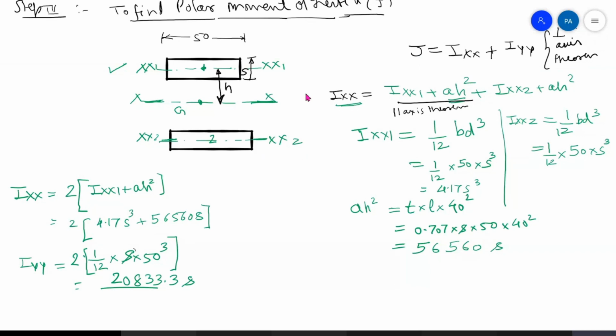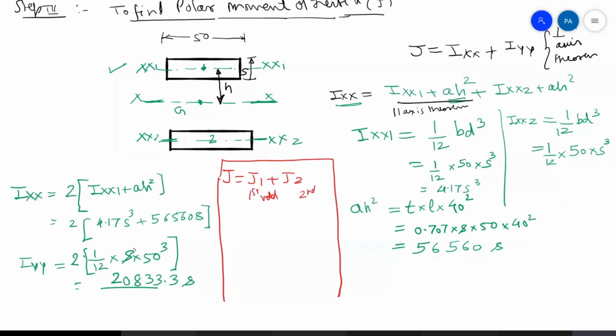I am repeating. I want the value of J. See, now I am telling you an easier way, a trick in this. What I want is J. Now, I am saying J is equal to J1 plus J2. What is J1? J1 is for the first weld and J2 is for the second weld. Since we have two welds here, this is 1 and this is 2.